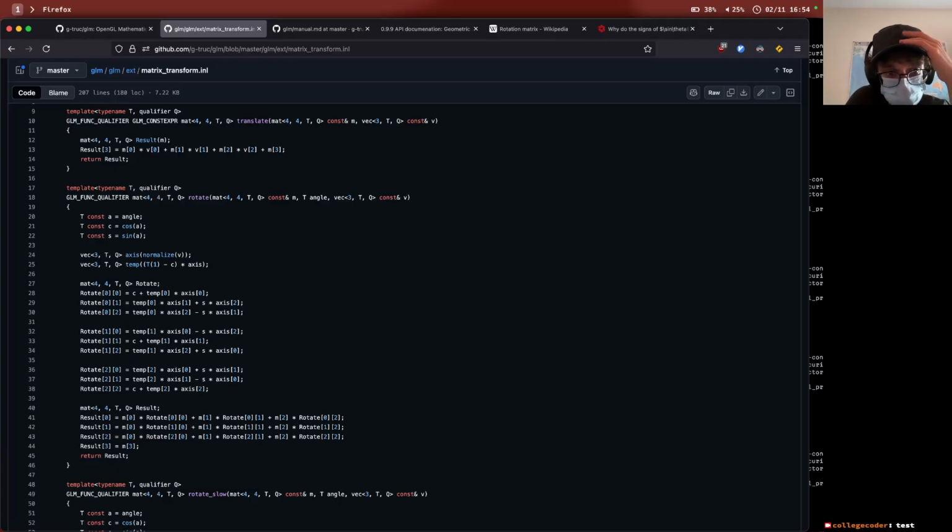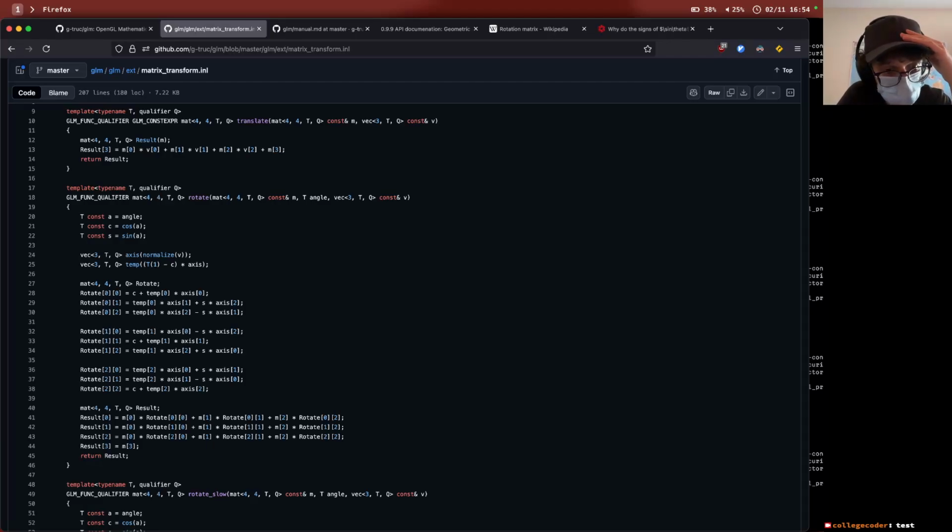So something minus the cosine of the angle times the axes. And it uses that temporary at some point down the line. Let's keep reading.